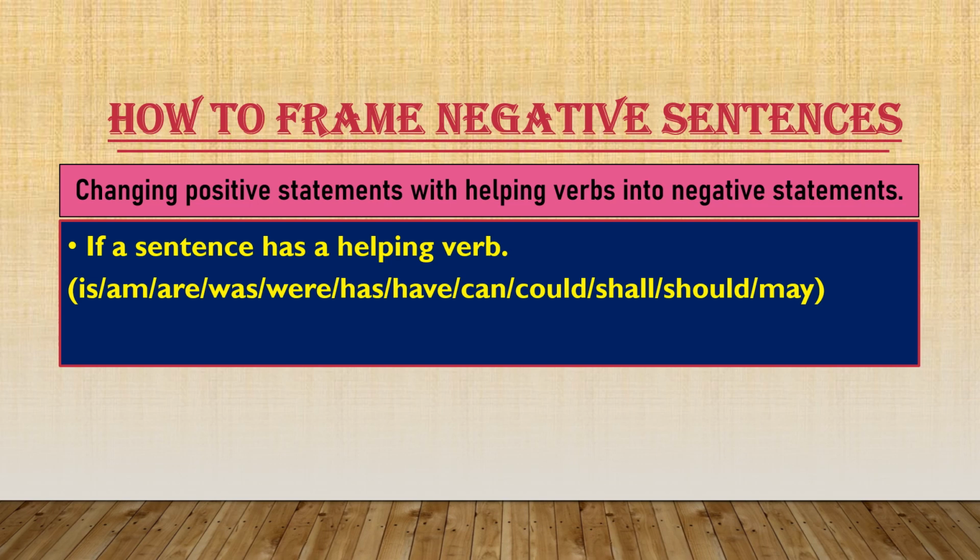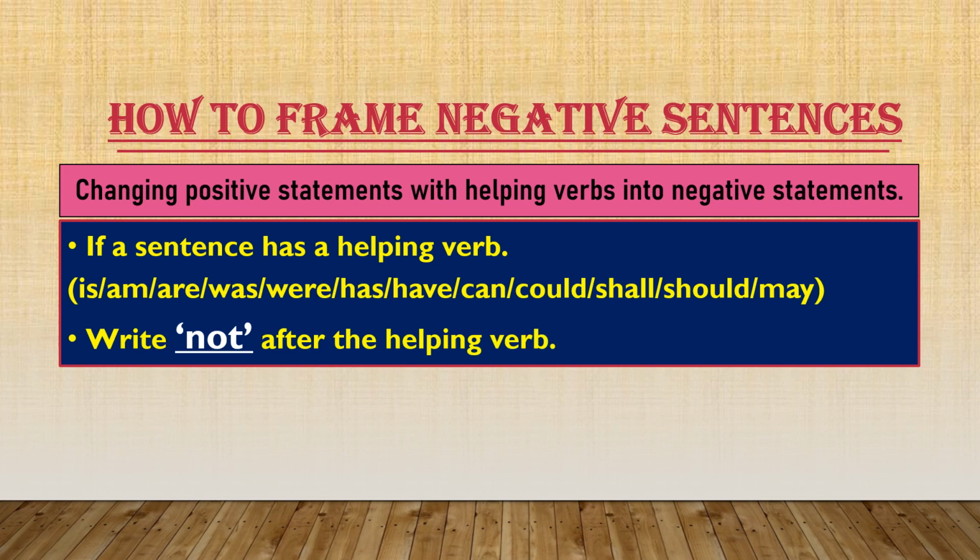A helping verb helps the main verb. That is, it is used with the main action verb in the sentence to give a better meaning to the sentence. For example, is, am, are, was, were, has, have, can, could, shall, should, may, might, all these are helping verbs and there are many more.